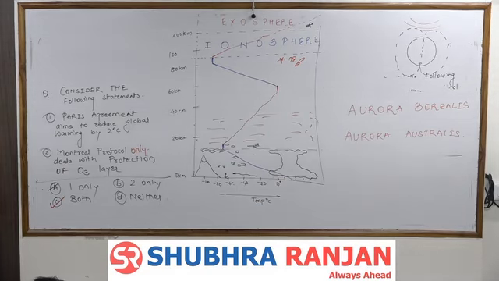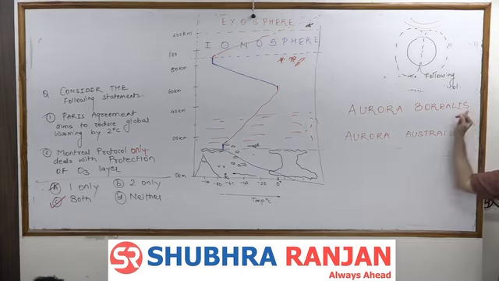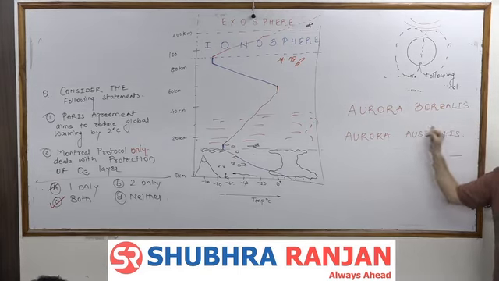Known as aurora borealis. Boreal, have you heard the word taiga? Where is taiga? Taiga is in Siberia, Alaska, Canada, only in the northern hemisphere. That is why the other name of taiga is boreal. Therefore the name is borealis.